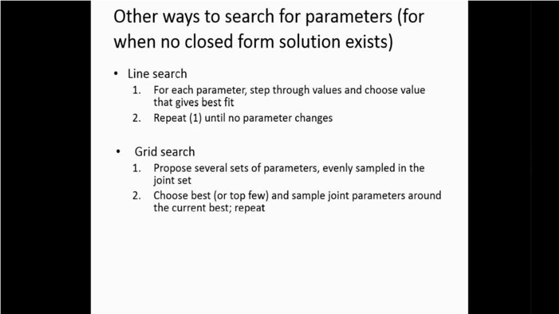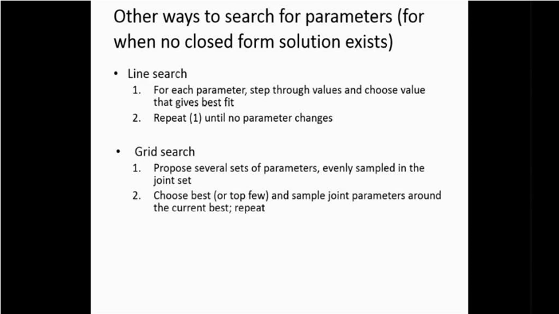Obviously, this breaks down if you have 7 or 8 parameters, because then you're doing a 7 or 8 dimensional search. If you were just trying 10 different values for each parameter, then that would be 10 to the 7th or 10 to the 8th parameter sets you'd have to try. And if your error function is expensive to evaluate, then you're not going to be able to do the computation.